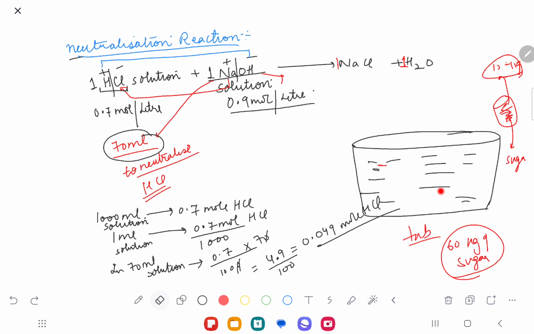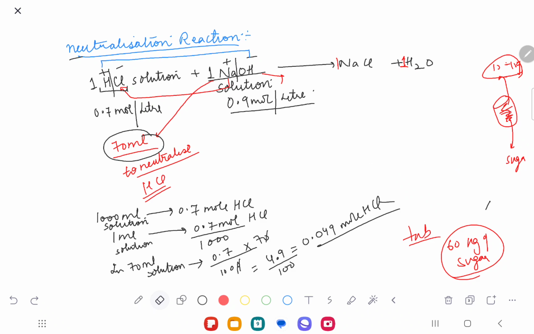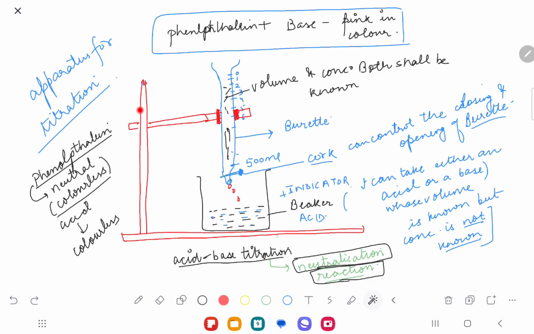So that is the concept. What do you understand from this particular concept? My point here is that when we are talking about the solution, I am giving you the data about 1 liter of solution, but not necessarily that I am taking the full liter of solution into the beaker. In this beaker I might take only 70 ml solution.